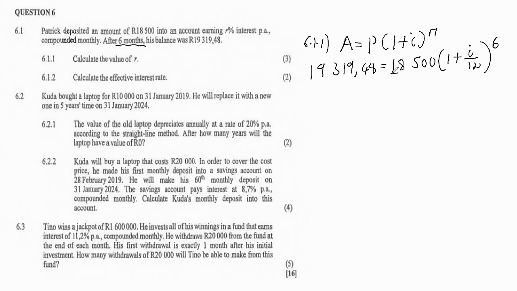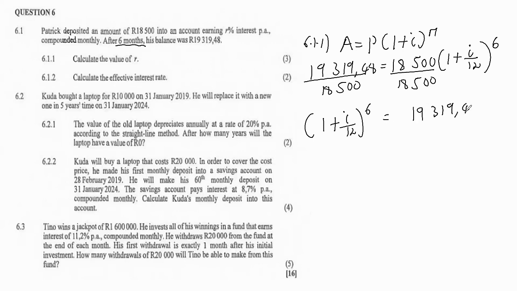Okay, so at this point we divide both sides by 18,500, and then we can make that the subject of the formula. So (1 plus i over 12) to the exponent of 6 is 19,319.48 over 18,500. In order to get rid of this exponent 6, we have to insert the 6th root on both sides.